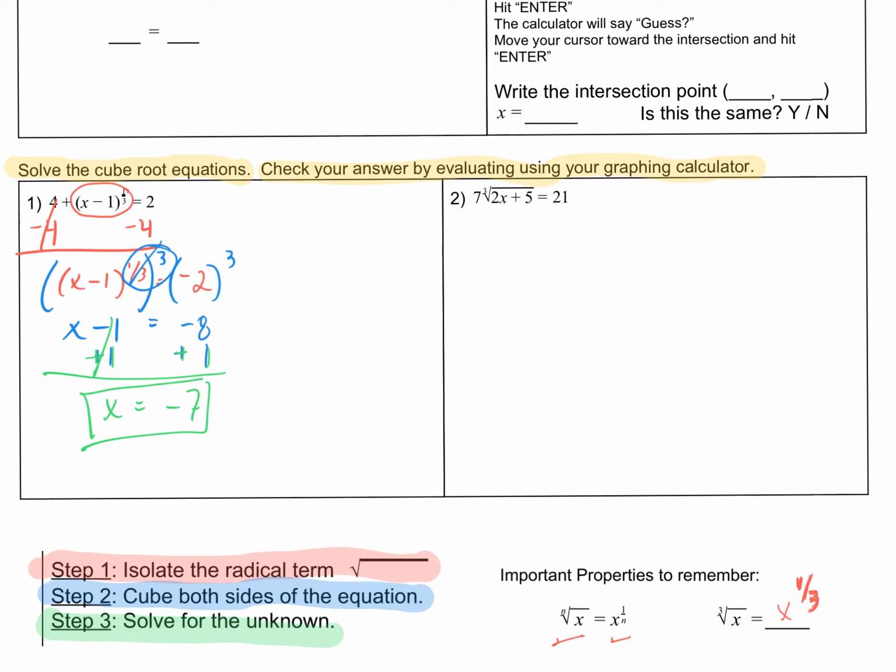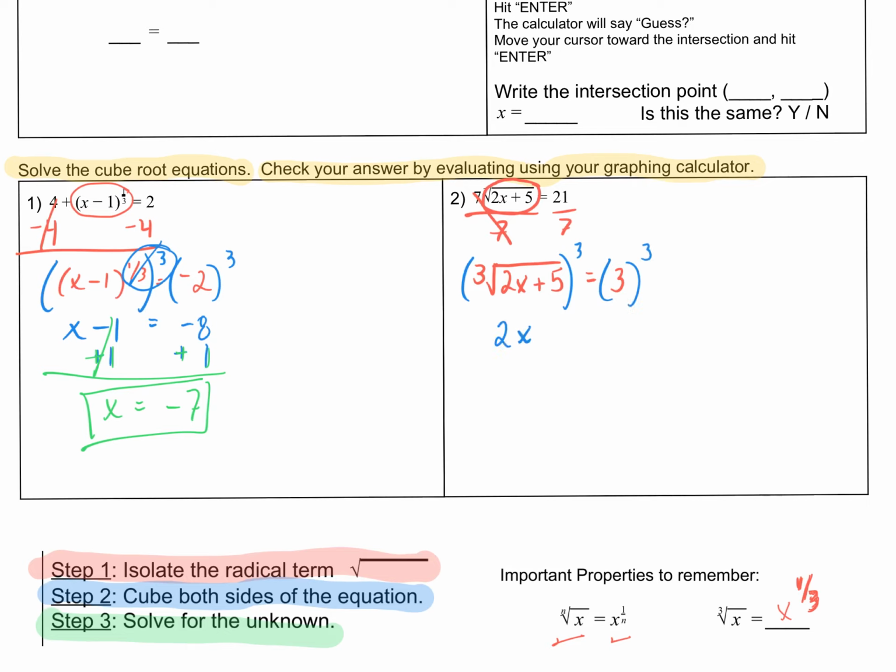We're going to do the same thing for the second problem. Isolate the radical term. This one is the radical term, so we are going to divide both sides by 7, leaving us with the cube root of 2x plus 5 equals 3. Cube both sides.